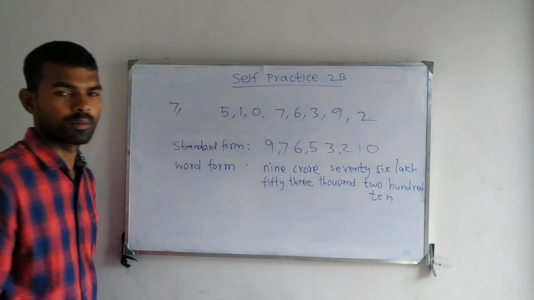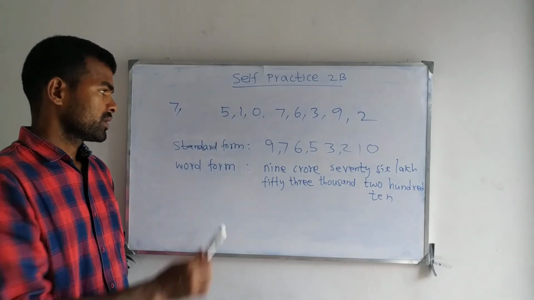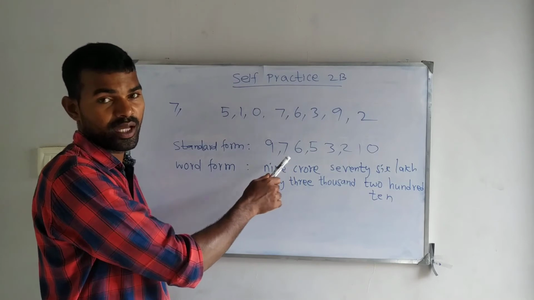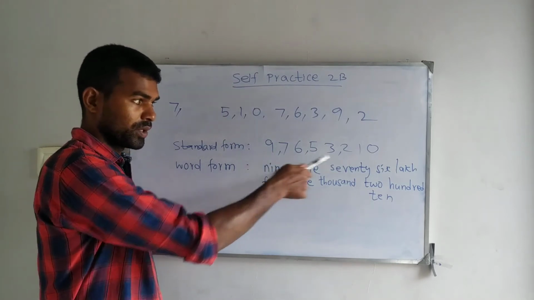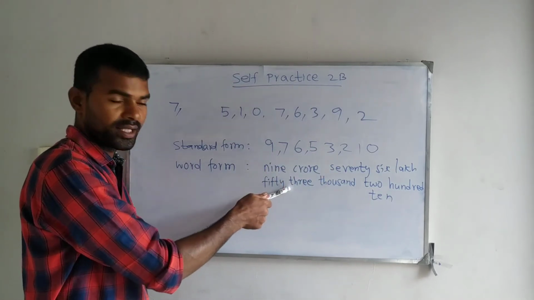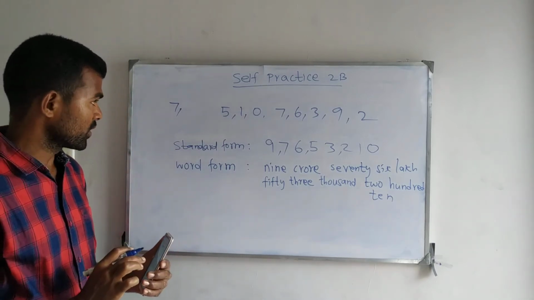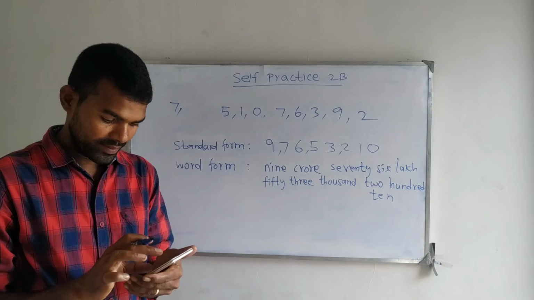This is the word form. This is the greatest number, the largest number. We have formed the largest number using commas and we have written it in word form. This is the answer. We will go to the next question, number 8.